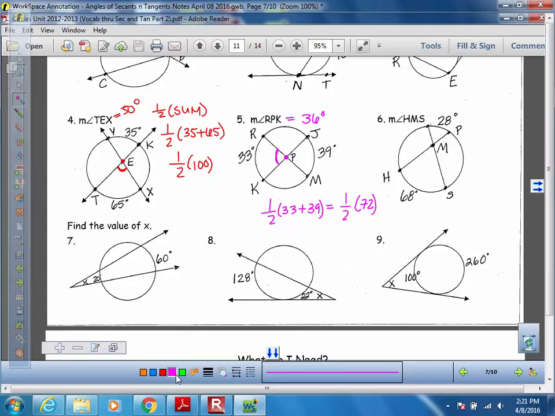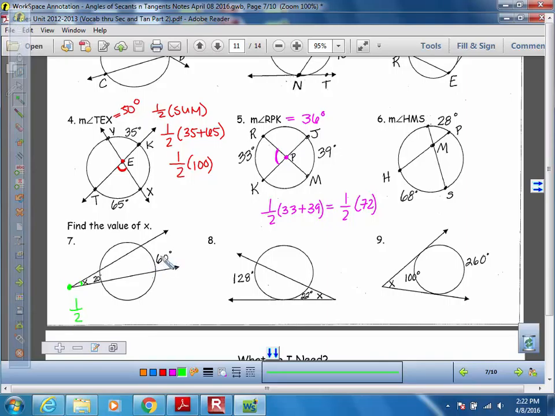Now, let's look at 7. So in 7, we're trying to find our x value. Since x is all the way in this corner right here, that means it's talking about this angle measure. So where is the vertex of this angle located? Outside. So this time our formula is going to be 1/2 of the difference of the two arcs.